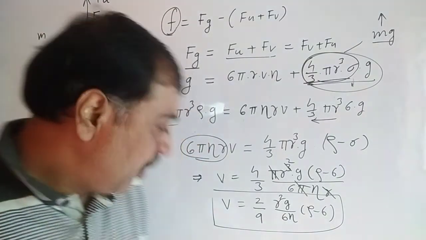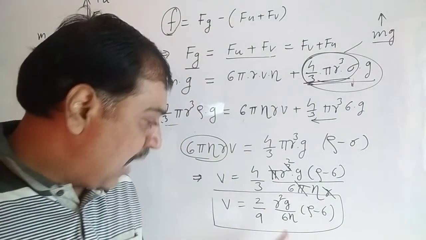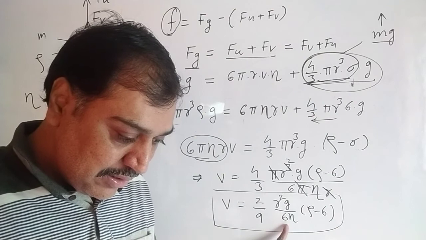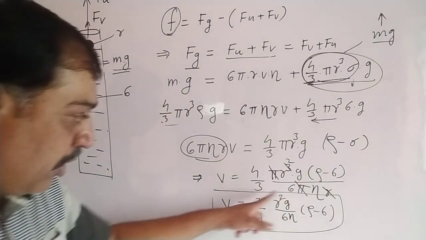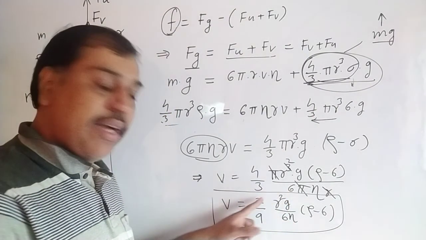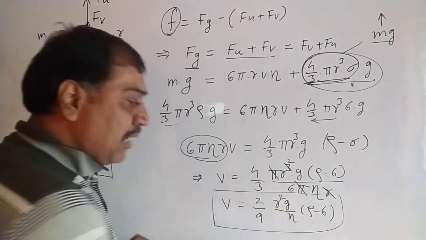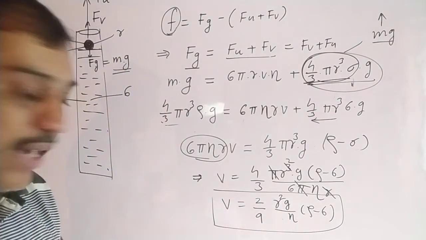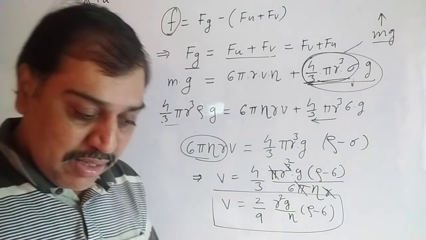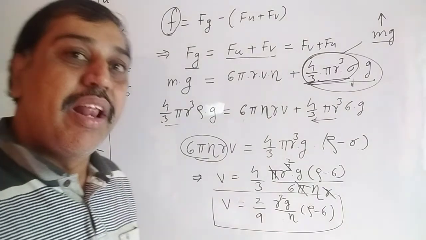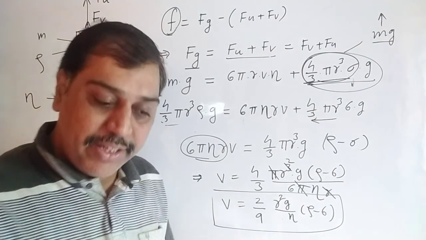Just to confirm: 2/9, the 6 can't come now, already 6 into 3 is 18, we have done that, so 6 can't come here. Directly, v equals 2r²g(ρ − σ) divided by 9η. This is nothing but the terminal velocity of the object.